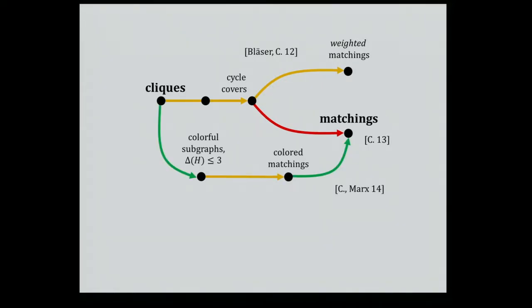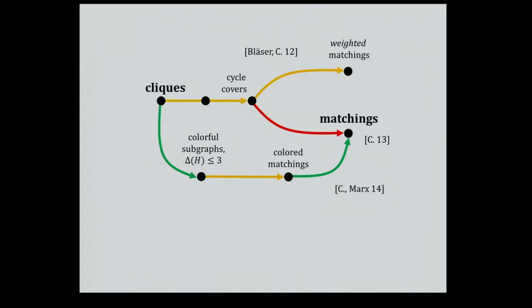But last year Daniel and I managed to get a significantly easier and less opaque proof for this hardness result. So in this new route, which is this bottom route shown here, we first reduce counting cliques to counting colorful subgraphs of maximum degree 3. And then from this problem, we go to a colored version of the counting matchings problem. And in the end, we get rid of colors by some simple inclusion-exclusion argument.